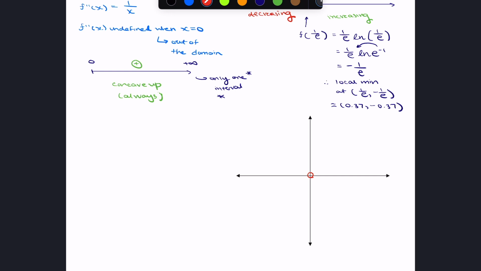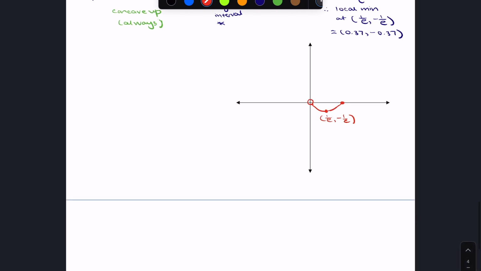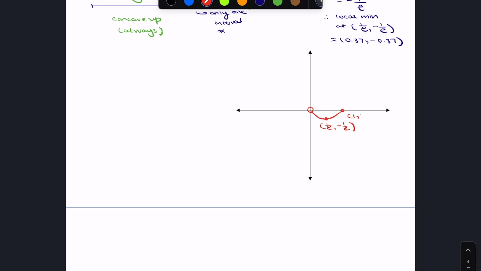It's going to be concave up always. It decreases from 0 to 1 over e, to the point (1 over e, negative 1 over e), so let's say this point right here. It's decreasing, then it increases, and it hits the x-intercept at (1, 0), and then it continues on. And so that's what our graph will look like.